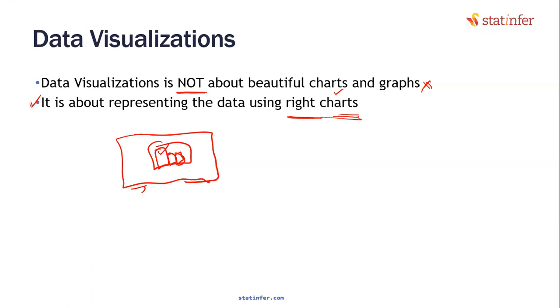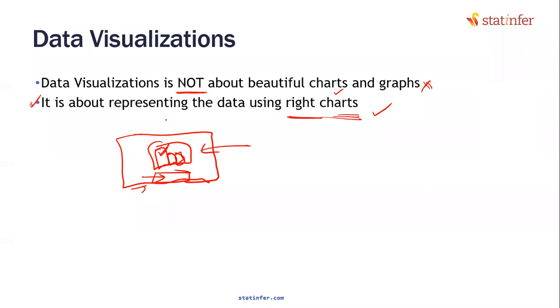If you want to highlight a particular country, when I look at the chart, automatically my eyes should go onto that country without me reading your bullet points. I should be able to get that. That is visualization.